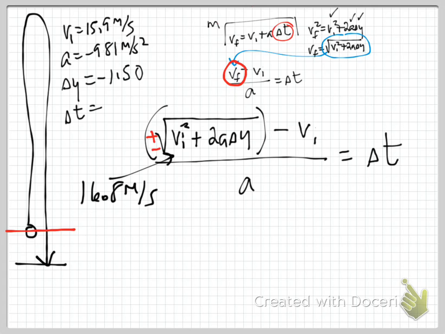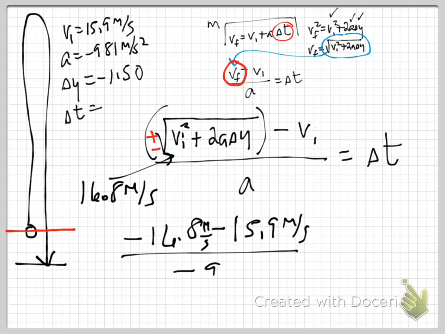So it ends up being negative 16.8 minus 15.9 meters per second divided by negative 9.81 meters per second squared. Now, of course, that gives you a negative number divided by a negative number, which gives you a positive. You want positives for time. The magnitude of the number you get is radically different if that 16.8 is not negative.